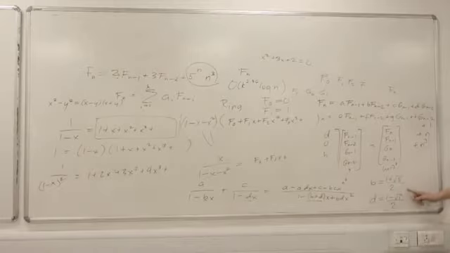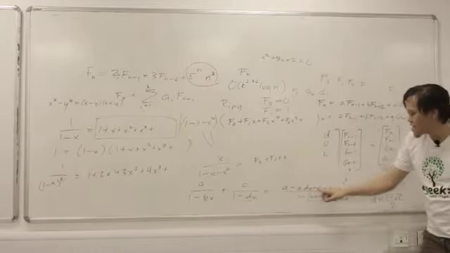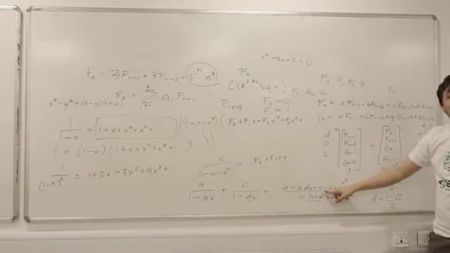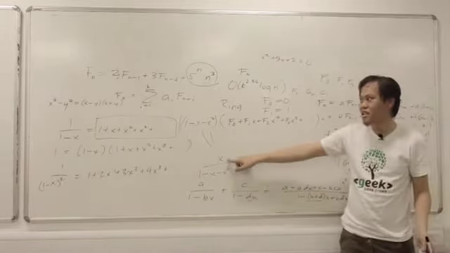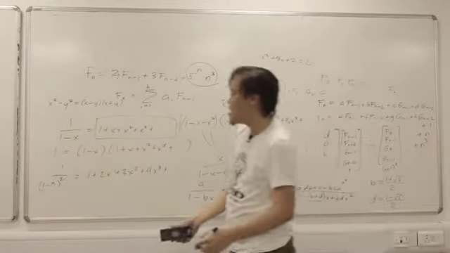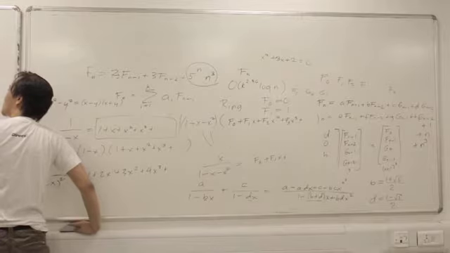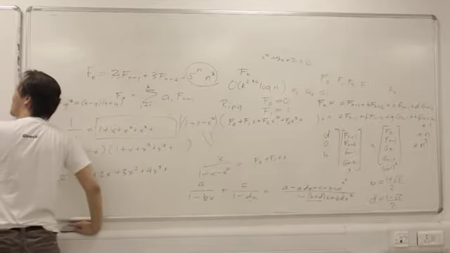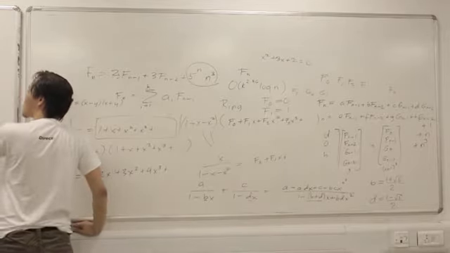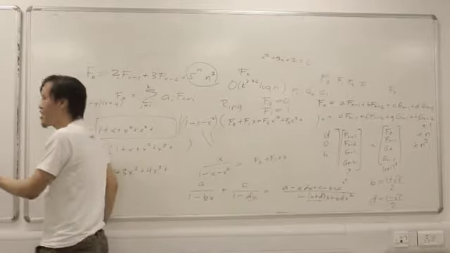Okay? And then after you get B and D, you want to select A and C so that the top one becomes x. So what we get is, I think, A is equal to 1 over square root of 5 and C equals minus 1 over square root of 5. Okay?